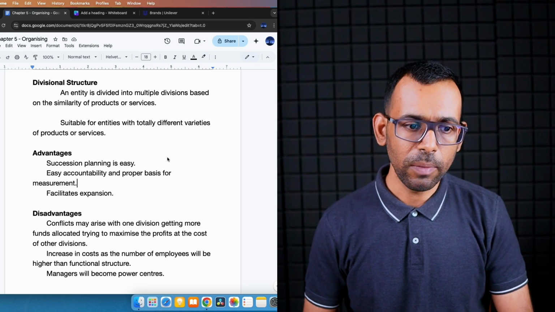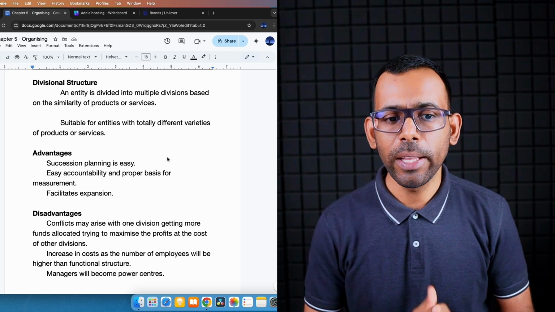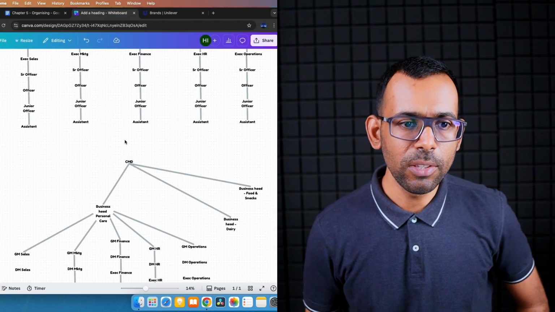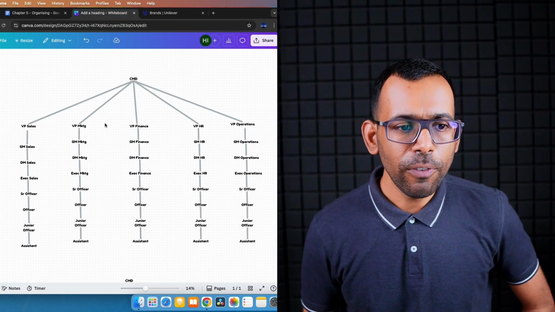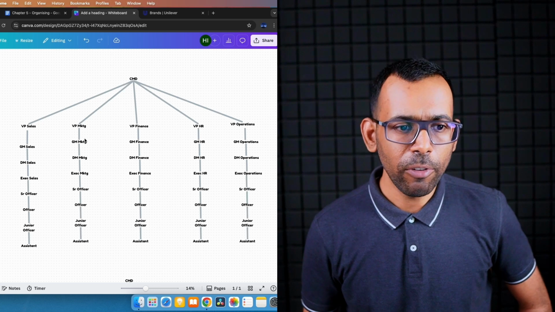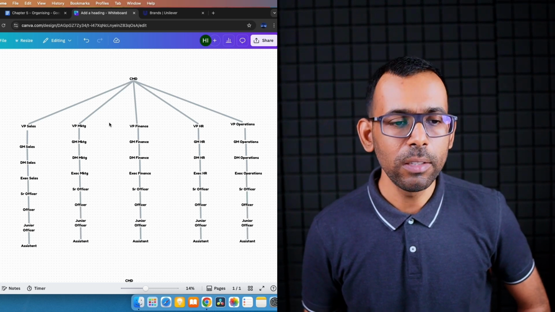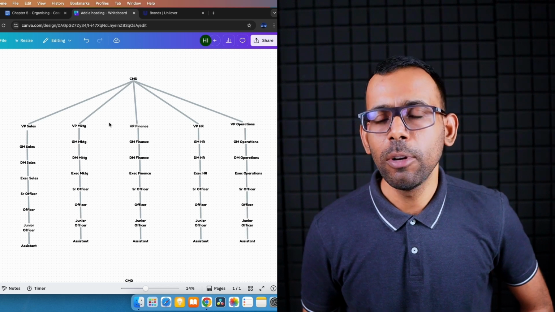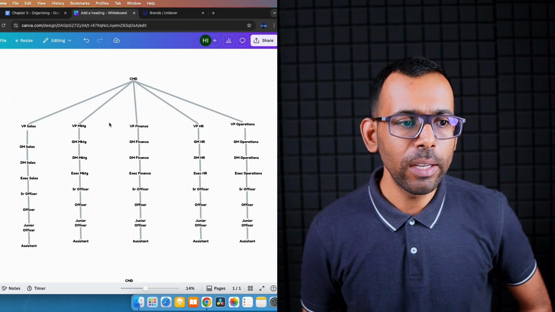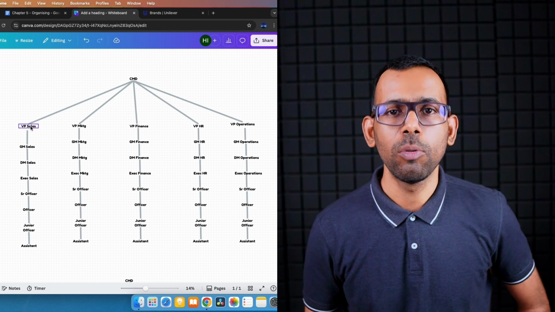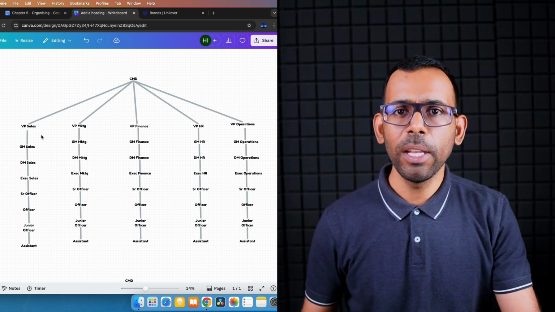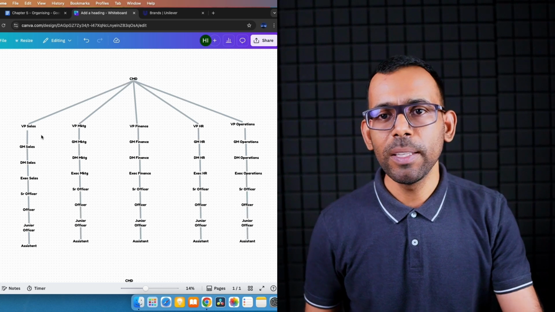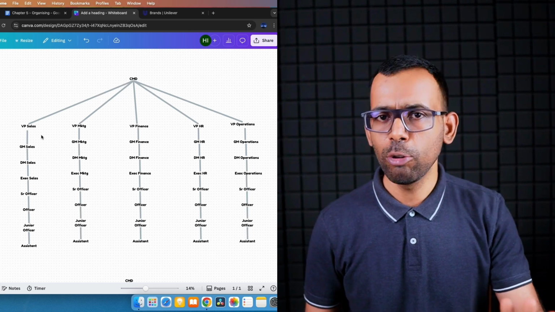Succession planning is easy. Second is easy accountability and proper basis for measurement. Now, if you see, under functional structure, each function does a separate thing. They follow a specialized set of activities. So tomorrow, if the sales is down, you may not be able to blame the entire thing on the VP sales alone. The moment the CMD pinpoints the VP sales as to why sales is not growing, the VP sales will quietly say that we are doing our best job.